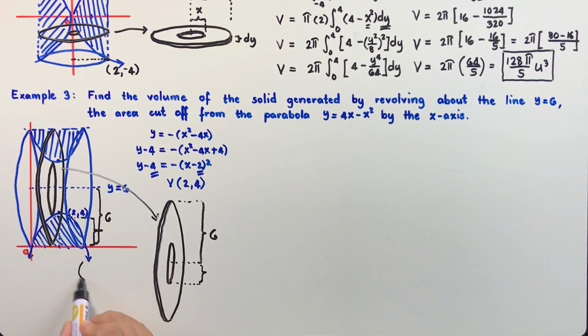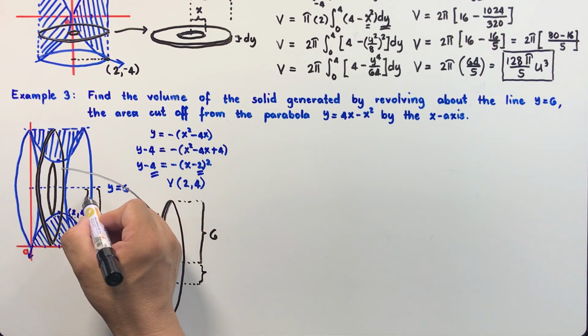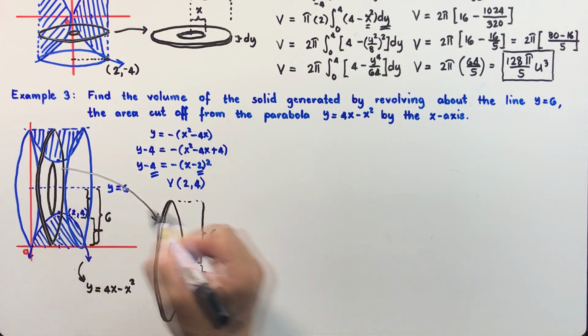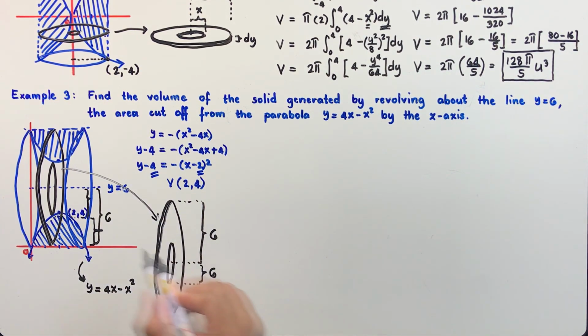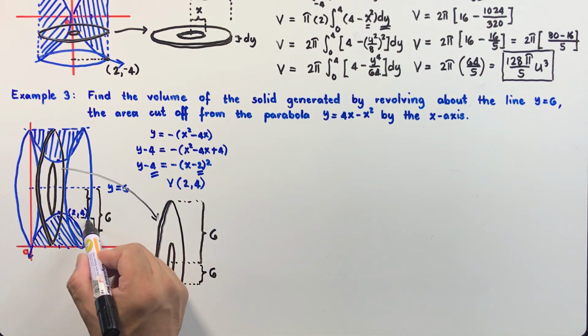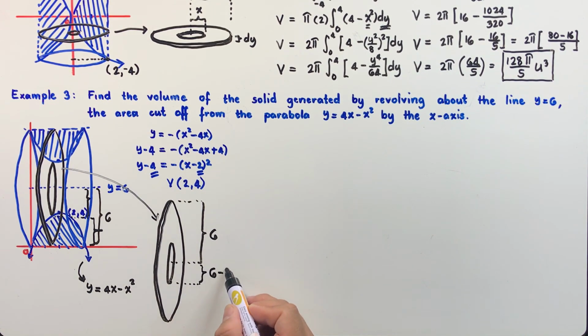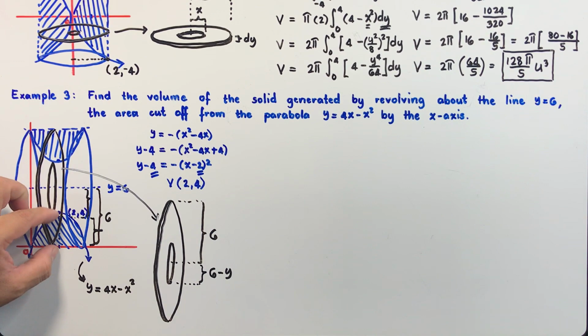Remember that this curve is defined to be y equals 4x minus x squared. So to find this radius here, it's 6 minus the y here. So 6 minus the y of this curve is the radius of the smaller circle.